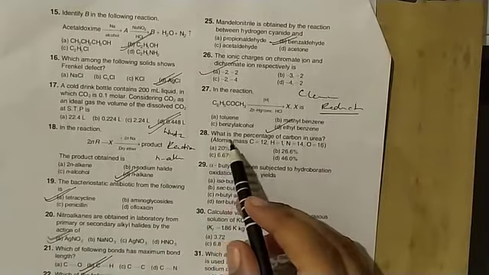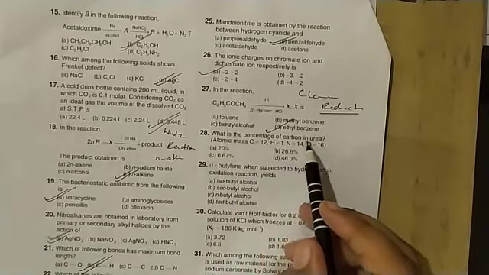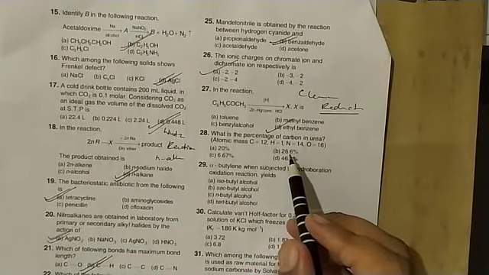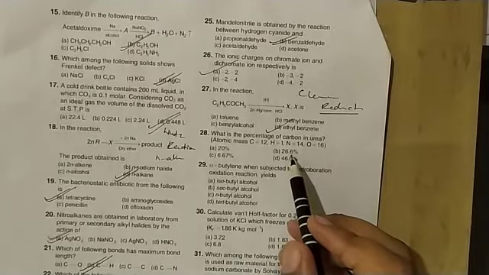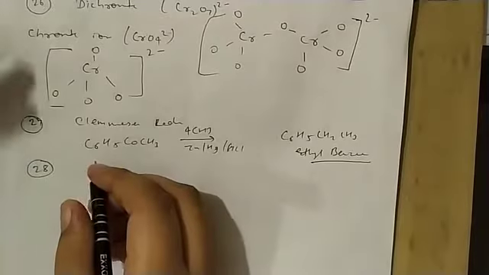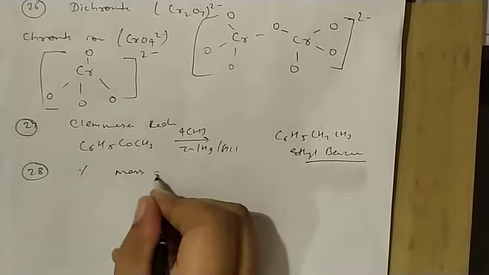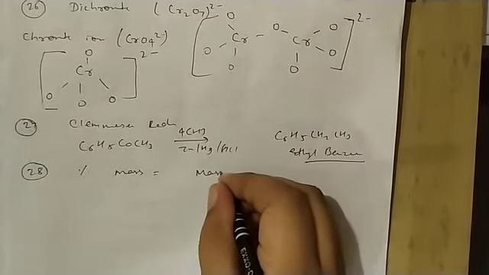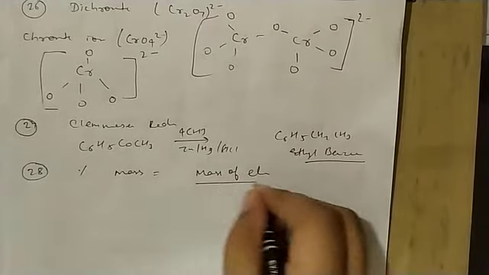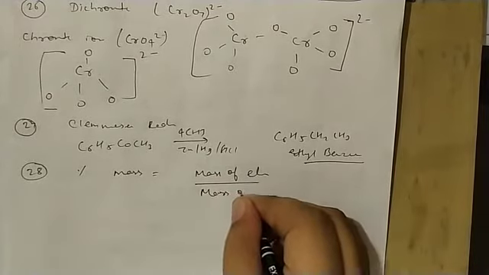Question number 28 is, what is the percentage of carbon in urea? We know that the percentage mass is calculated using the formula: mass of element upon mass of compound into 100.